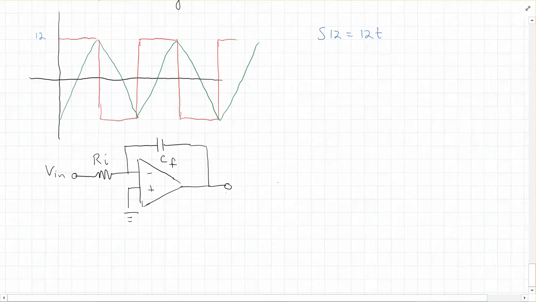This was an integrator, remember? We talked about this in the previous section. So that would integrate my square wave and get me exactly what I need.